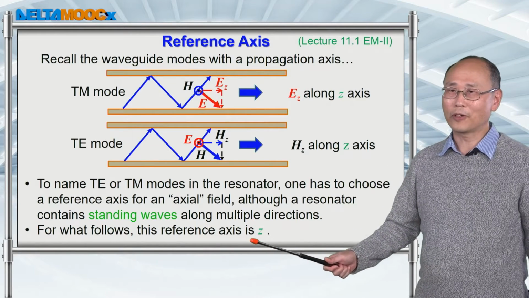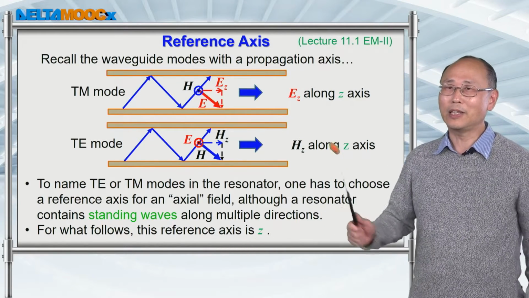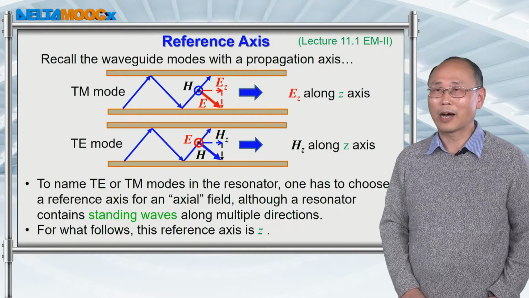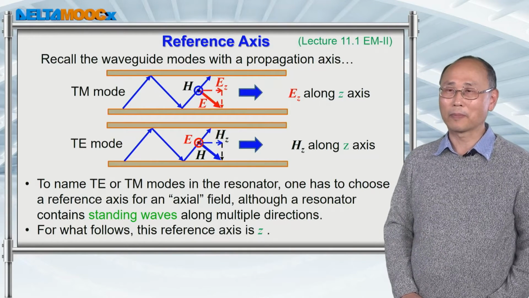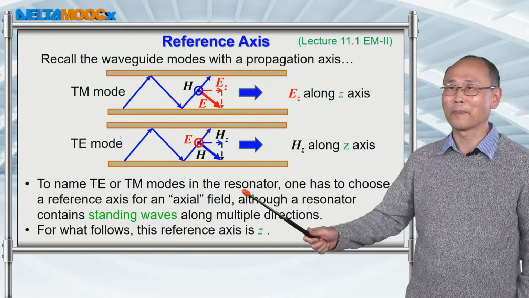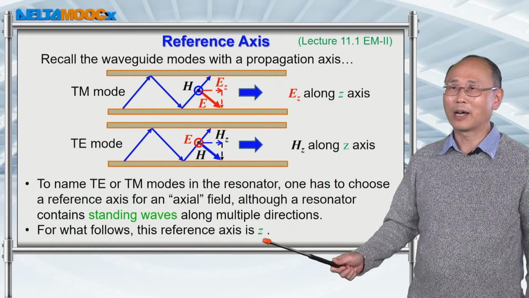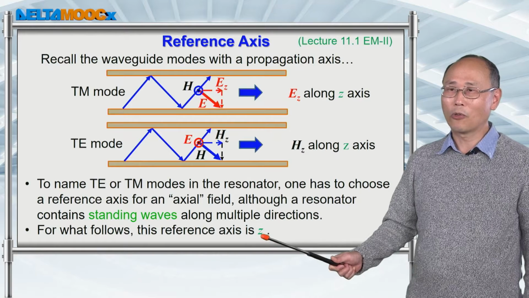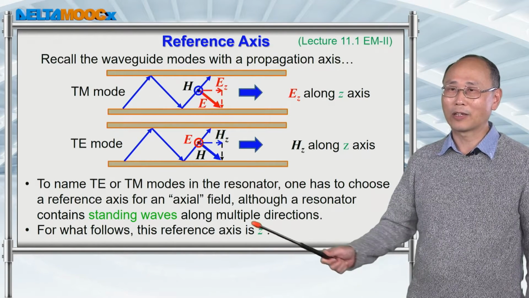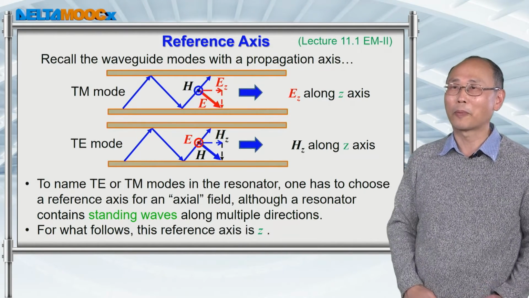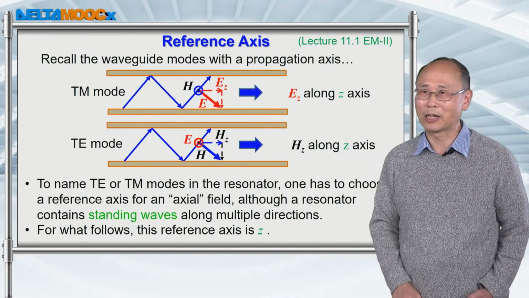When you choose a different reference axis, a TE mode or a TM mode inside a resonator can become a different mode. So for now, let's just choose the reference axis to be along the Z direction. Although along the Z direction, in fact, you have a standing wave instead of a propagating wave in that direction.